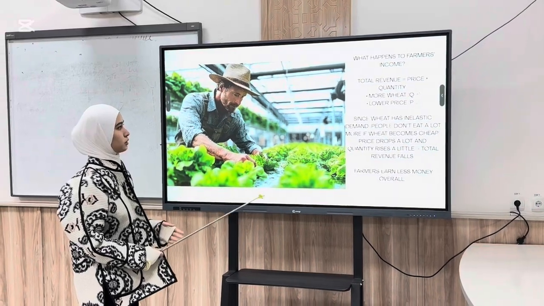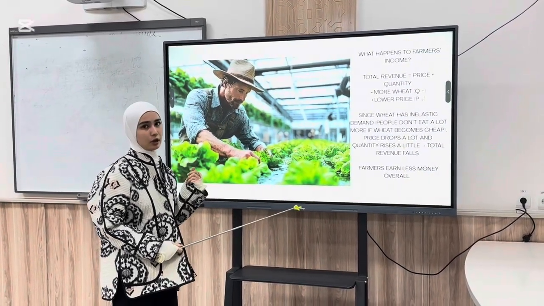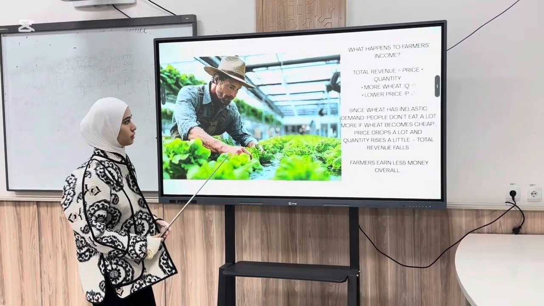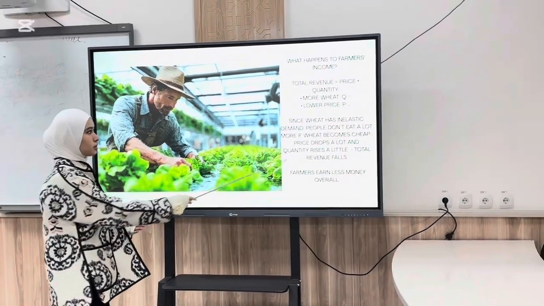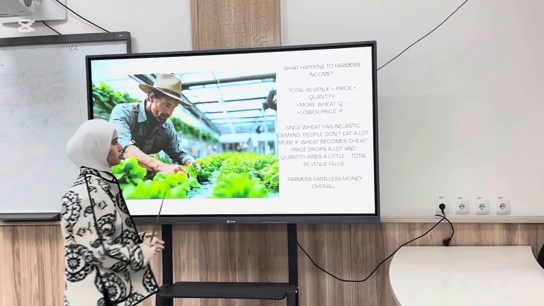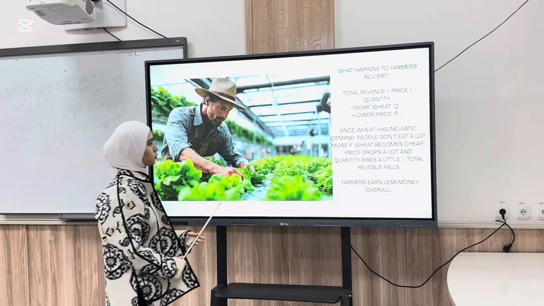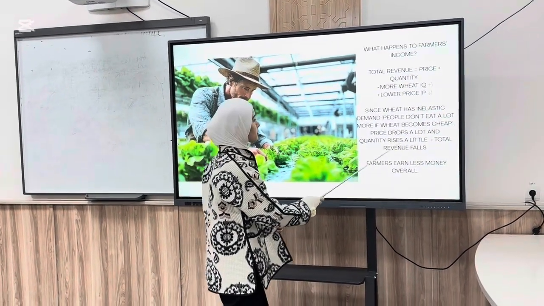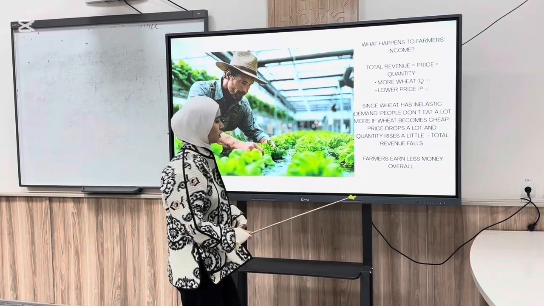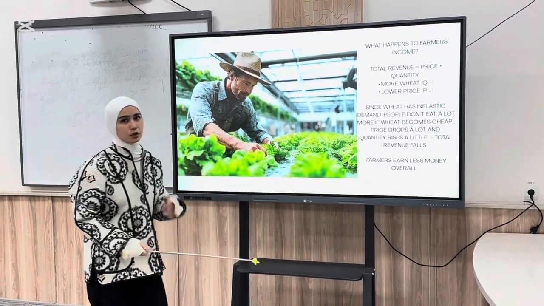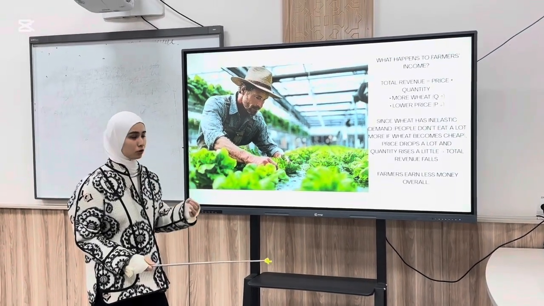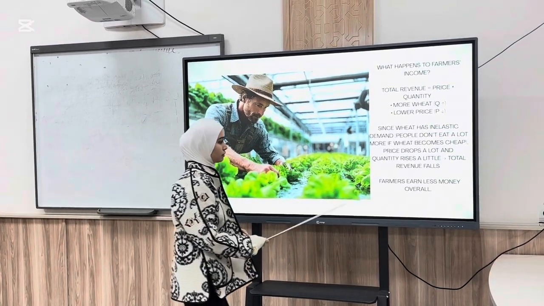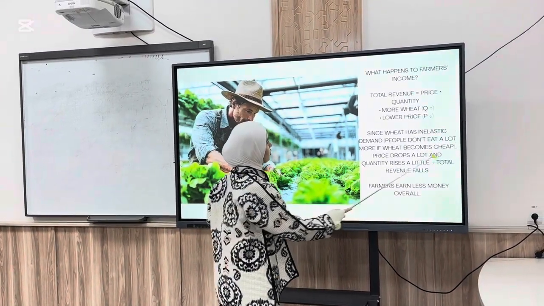As we have seen above, total revenue is equal to price multiplied by quantity. Since wheat has inelastic demand, price drops a lot and quantity rises only a little, and as a result total revenue falls, and farmers earn less money overall.